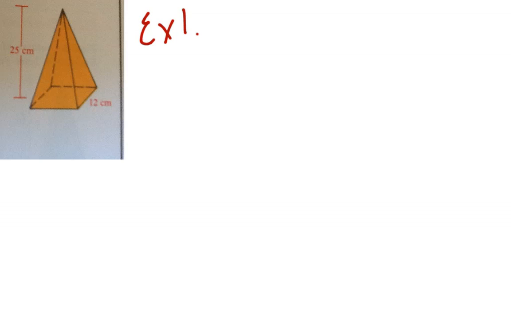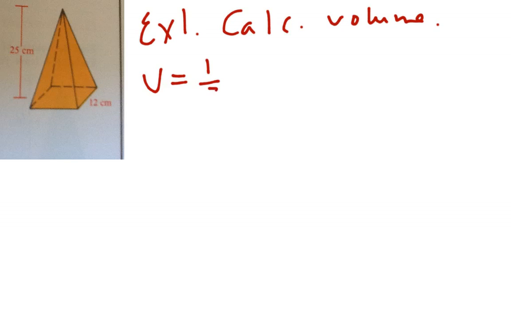So example 1 is we want to calculate the volume of this pyramid that's pictured here. So I know my formula for volume of a pyramid is 1/3 base area times height. Okay, I'm going to assume this is a square pyramid.